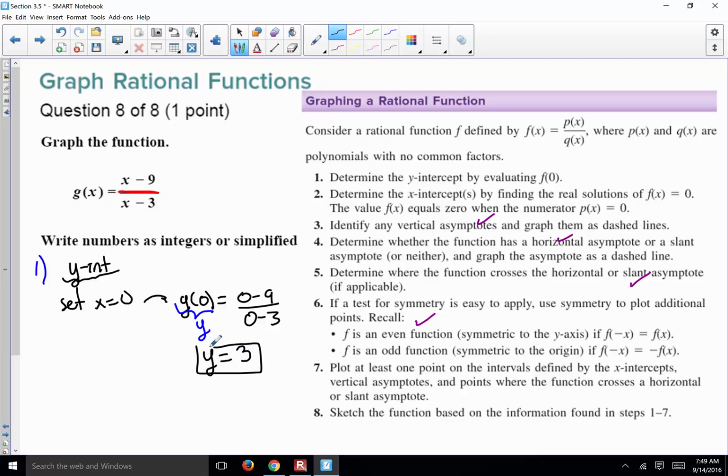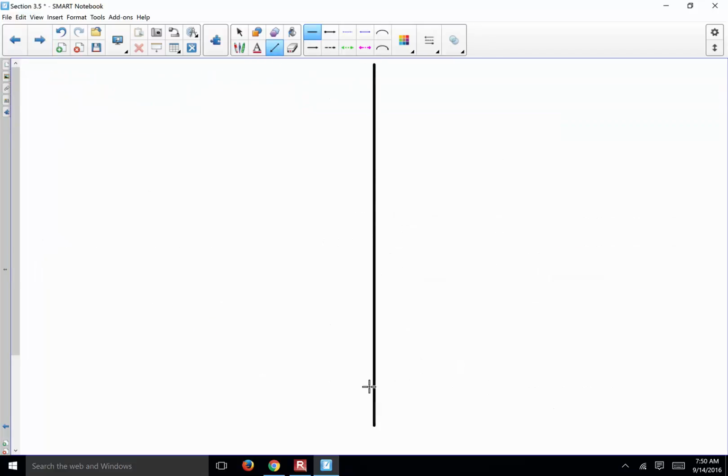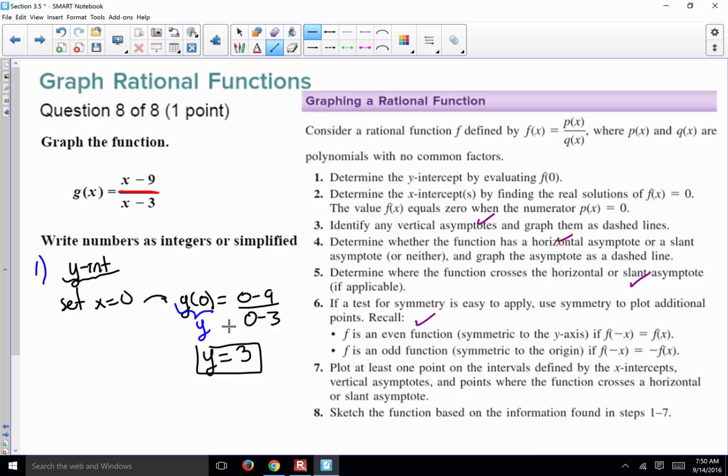3. You know what I like actually? When I get some information, I don't collect and compile all those, make a pile of all this information on the page. I immediately sketch it, put it into the graph so I don't lose them. So take a separate side and put whatever information you found here into the picture. 3 is found, which is the y-intercept.